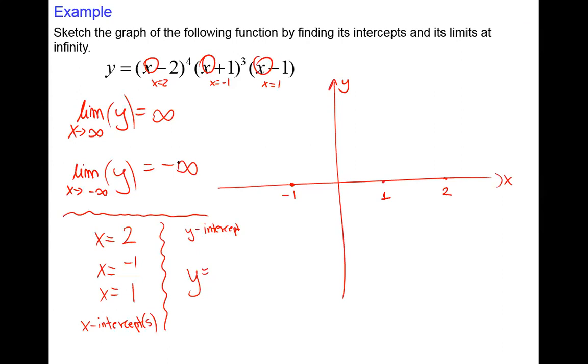What do we have? We do have negative 2 to the power of 4. We have 1 cubed, and we have negative 1. Who can help me with the arithmetic? Negative 2 to the power of 4 is positive 16. Negative 1 will give me negative. Okay, that means somewhere here, negative 16.